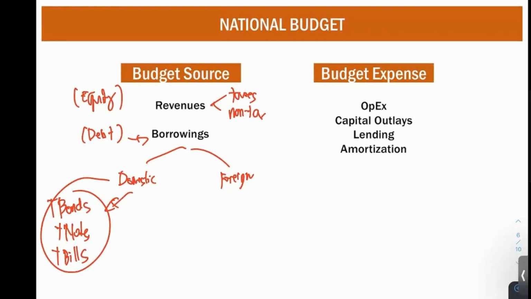Okay, after knowing your budget source, we go to your budget expenses. Your budget expenses are the following. First, operational expenditures or OPEX. These are appropriations for the conduct of normal government operations. So expenses on your normal government operations, these are your OPEX.